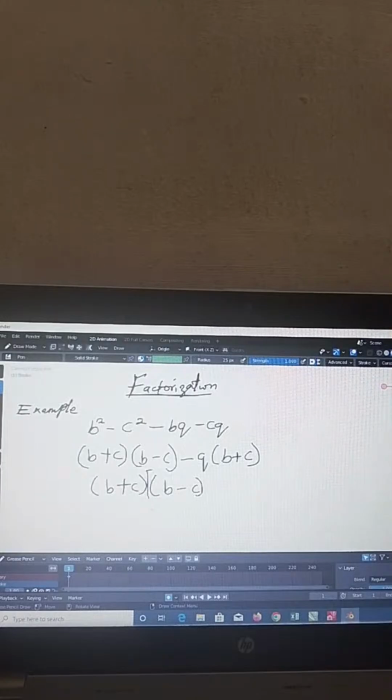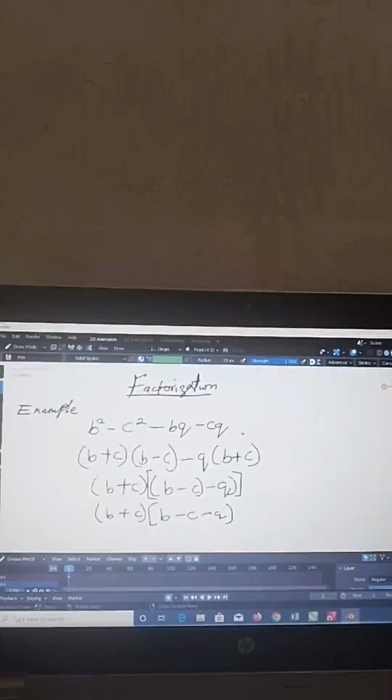Okay, I'll put a square bracket here, minus b square. So I'll close it. Now what do I have? I have b plus c, open brackets, you have b minus c minus b square. So that does it, I hope.